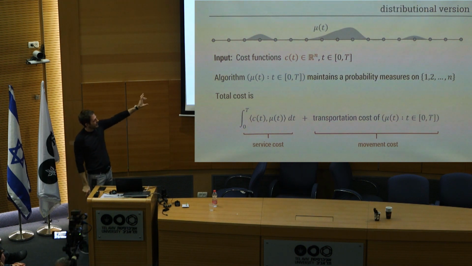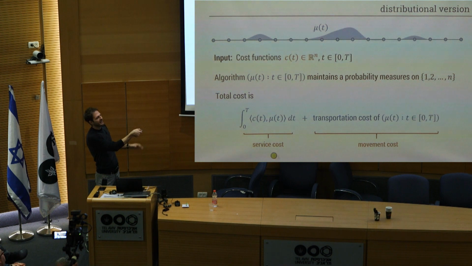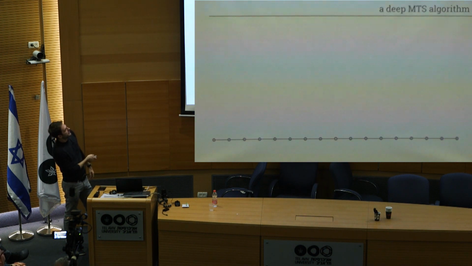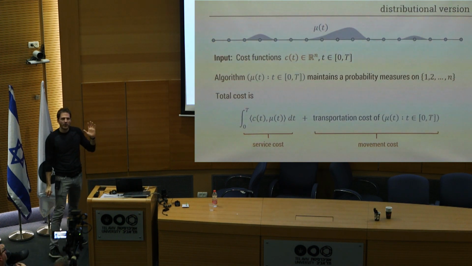And the point is that this cost model is exactly the same as the one we had before. It's just written in a distributional way. It is in continuous time, but it's not hard to see, if you think about it, that the competitive ratio is the same in both models. But I want to think about this because now it's going to be easier to do gradient descent in the space of mu's. Okay, so is the problem clear?